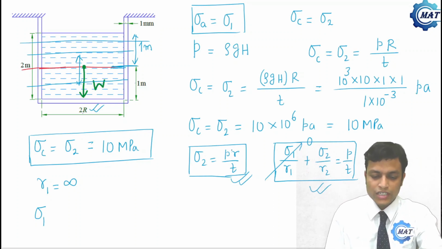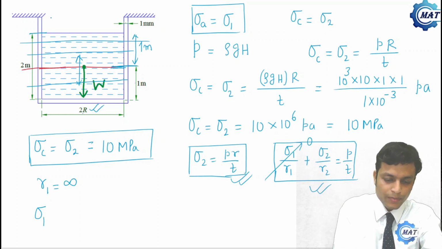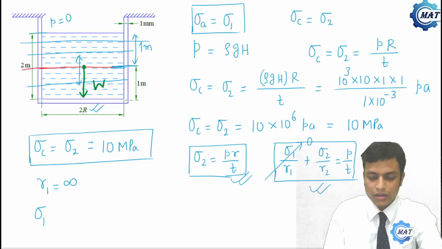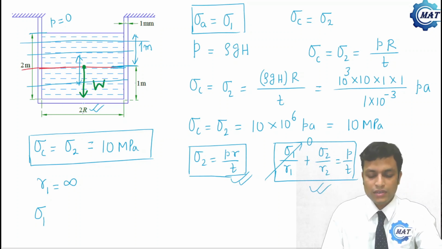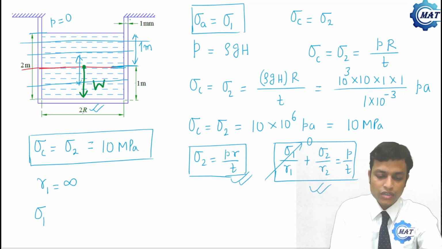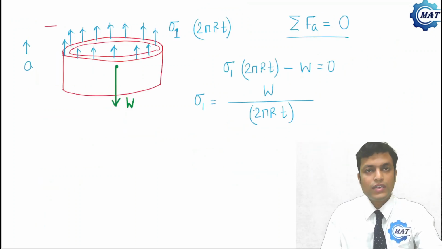Sigma 2 varies with pressure. At the top level P is 0, so sigma 2 will be 0 there, but sigma 2 increases with the depth as pressure increases with depth. But sigma 1, when it is suspended, is constant throughout the depth, and this is the value of sigma 1.